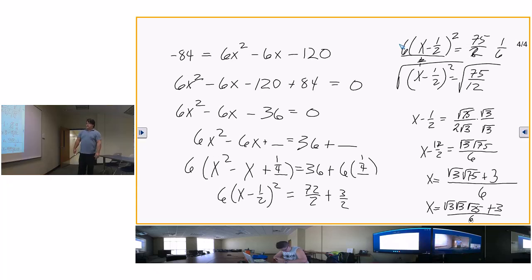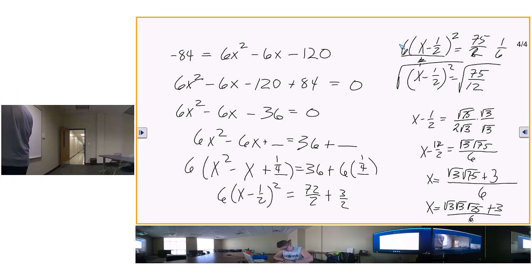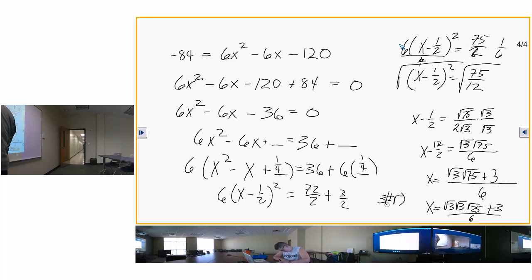Somebody check my math. This right here is going to be positive or negative 5, which is going to make this, however you want to do it, 3 times positive or negative 5.